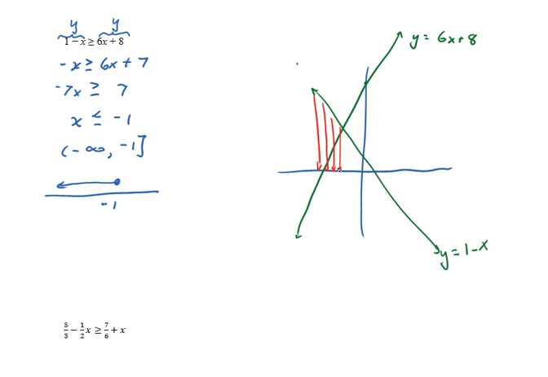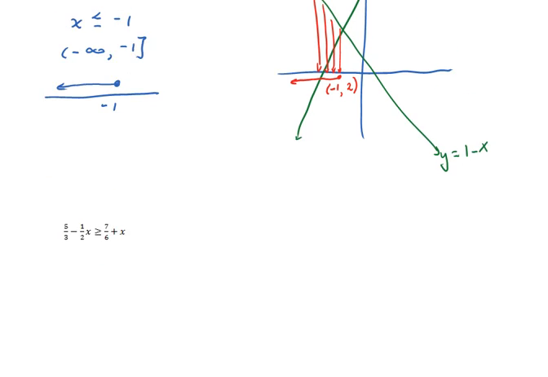And again, you can confirm that the intersection point here is negative 1, 2. And so it's all values from negative 1 to the left, including the negative 1.